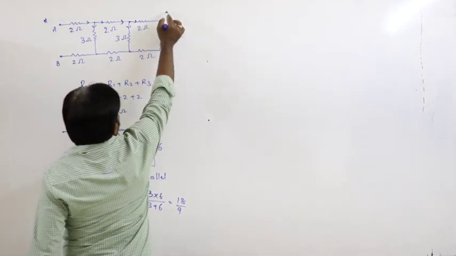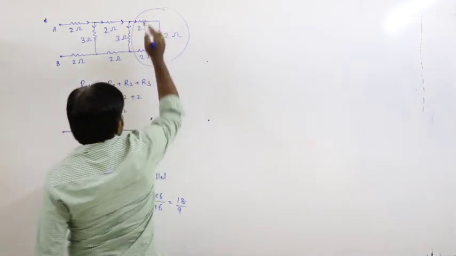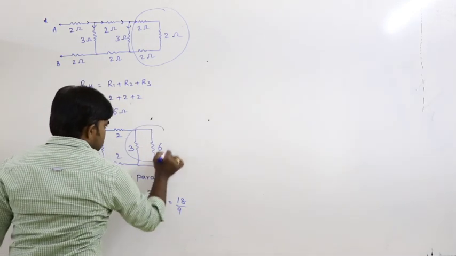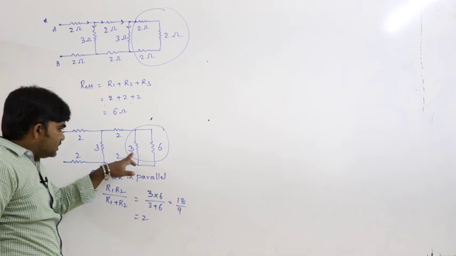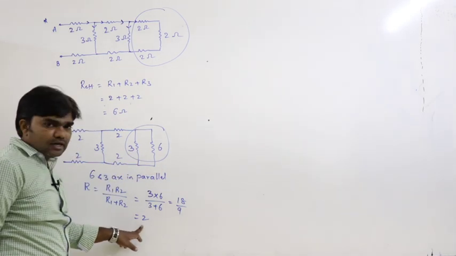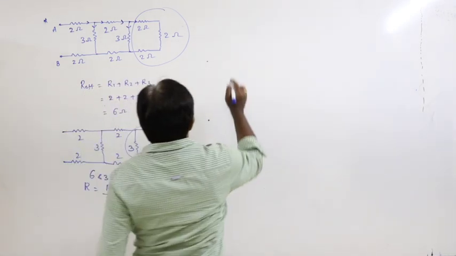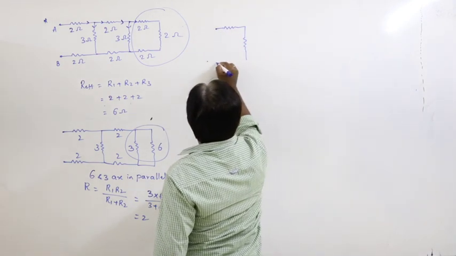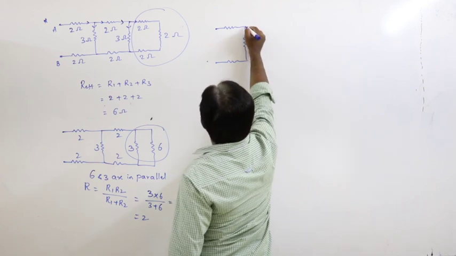So for these total 3 resistances, the effective is 6. So instead of 3 and 6, how much did we get here? 2. Again the diagram becomes like this.